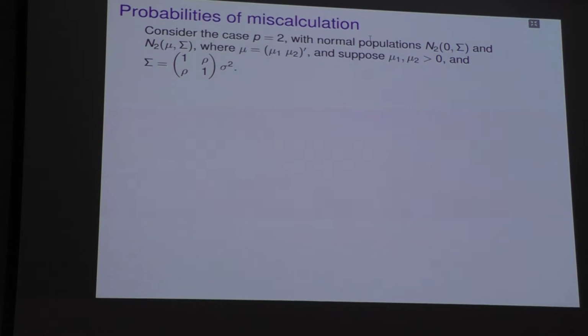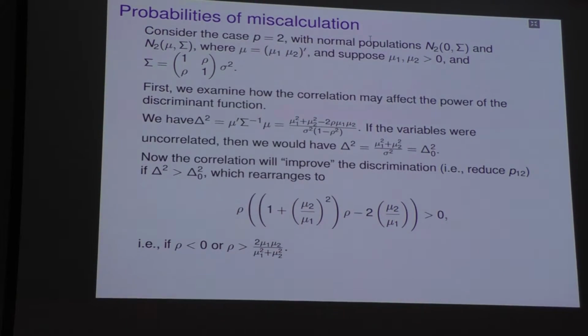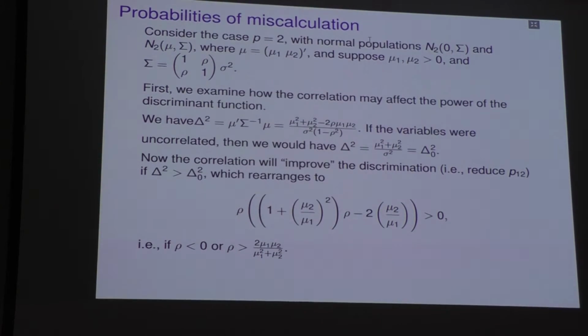The first slide is just asking what happens to the probabilities of misclassification if you increase the correlation, and it turns out they increase. And when the variables are uncorrelated, that's the optimal choice that gives you the smallest probabilities of misclassification.